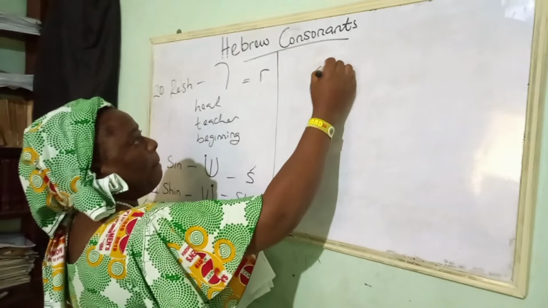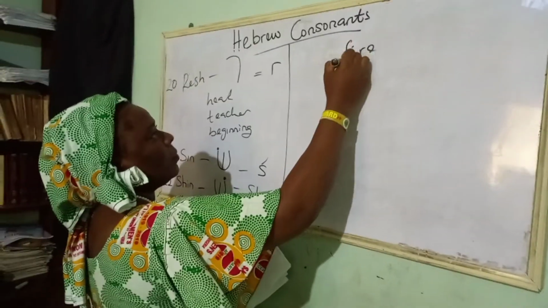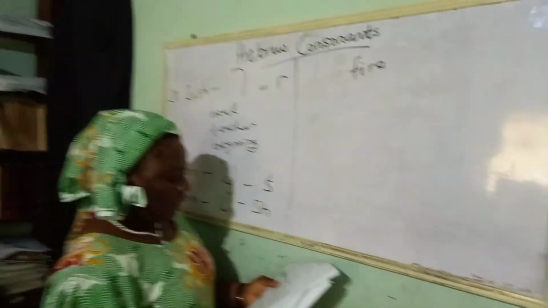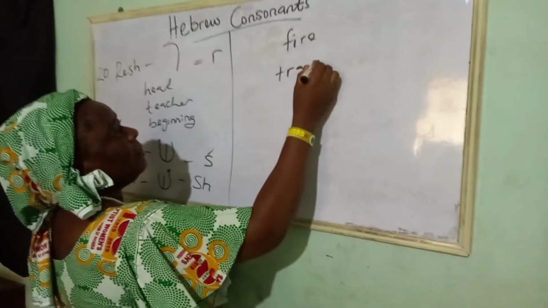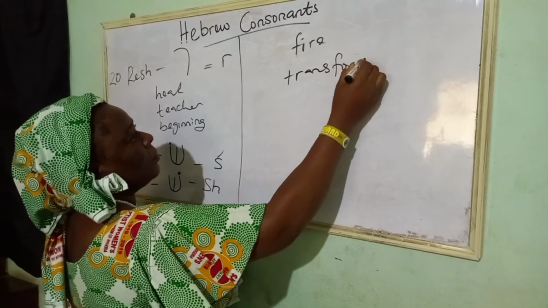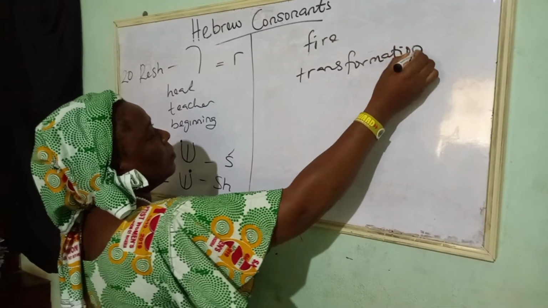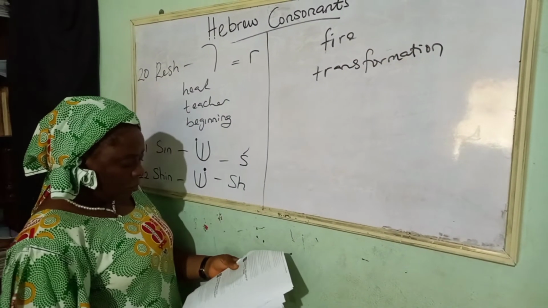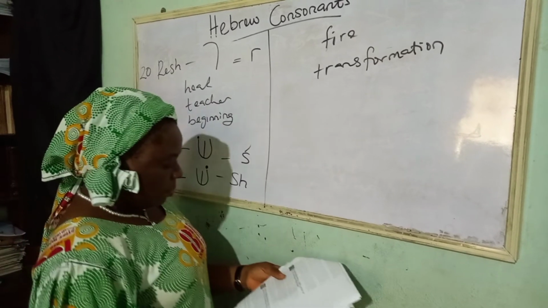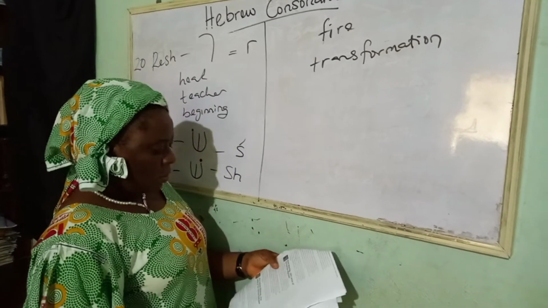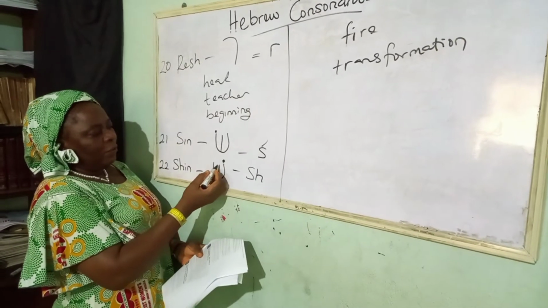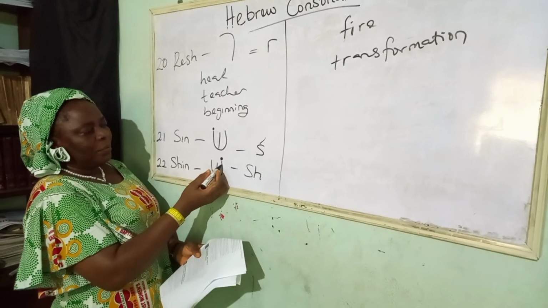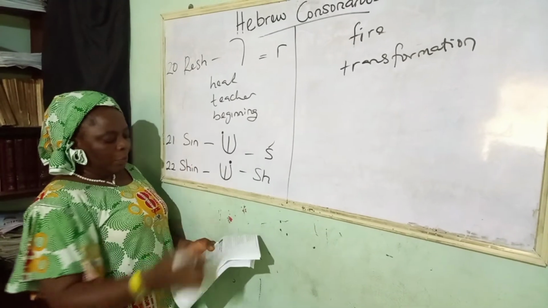But these letters represent fire. It also talks about transformation. If you can see that it has 3 branches, as if it's a set of teeth, 3 branches like that.